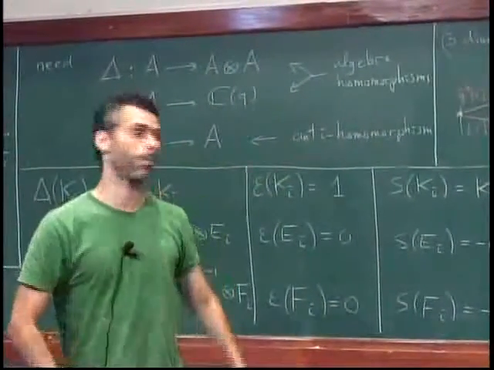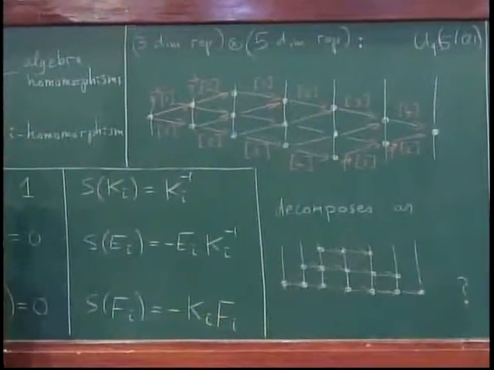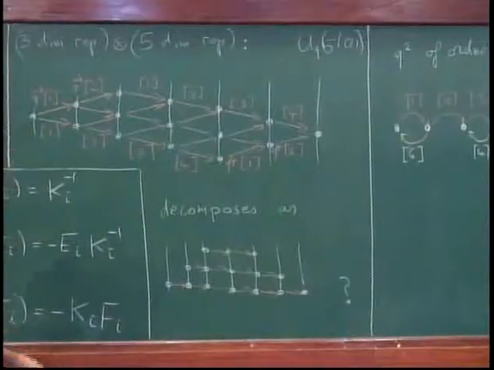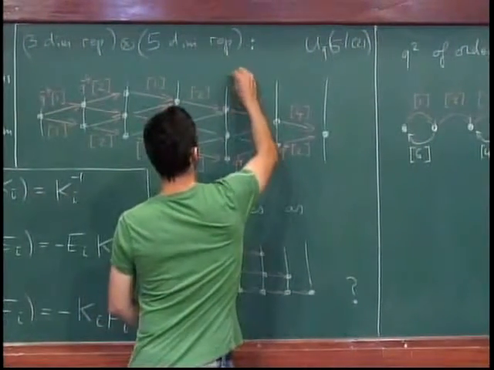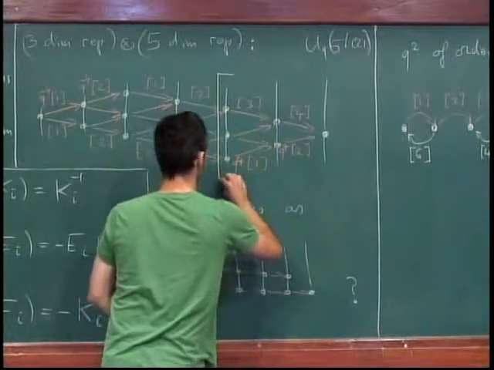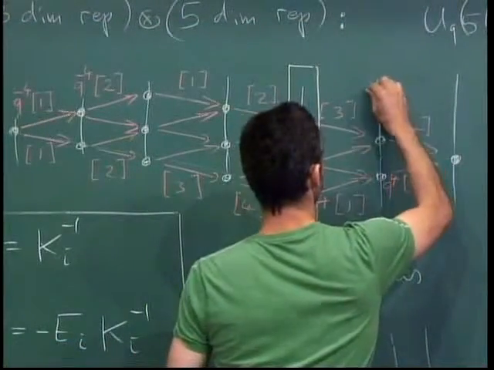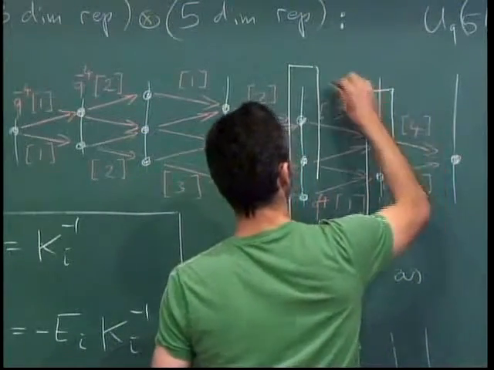Let me give you another argument that shows that it's impossible. Let's look at the operator E viewed as an operator from this three-dimensional vector space to that two-dimensional vector space.